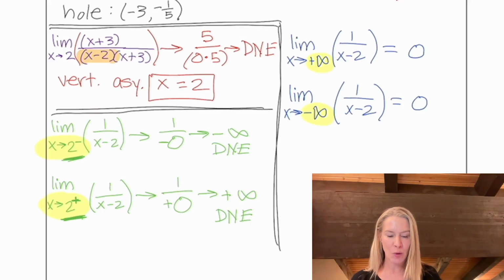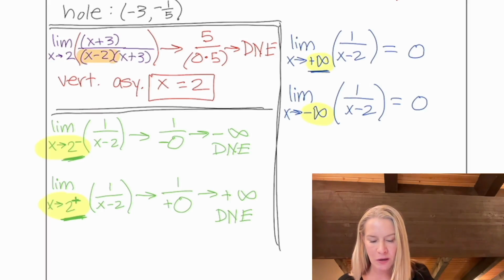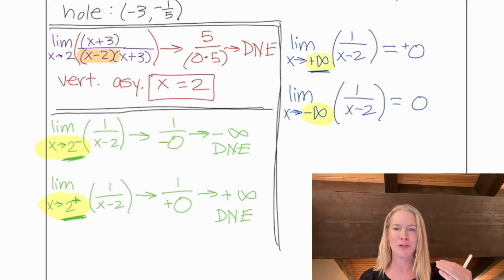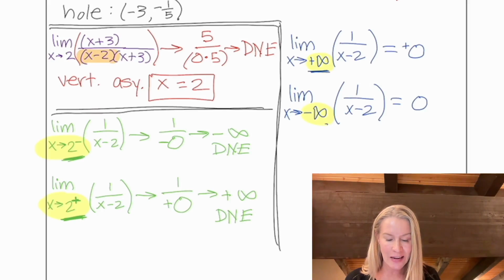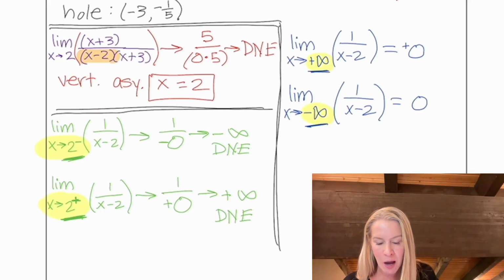However, in the case where x is going to positive infinity, this fraction will be a positive over a positive, telling me we're approaching positive 0, meaning we're coming in towards 0 from above. And in the case where x is approaching negative infinity, this fraction will be positive over negative, telling me I'm coming in towards 0 on the graph, but from below.